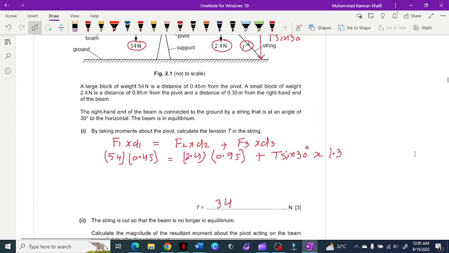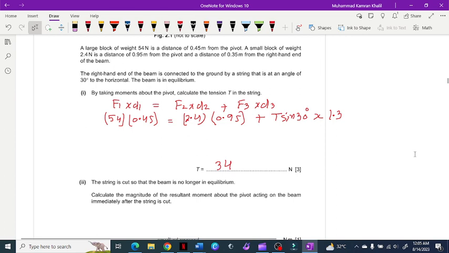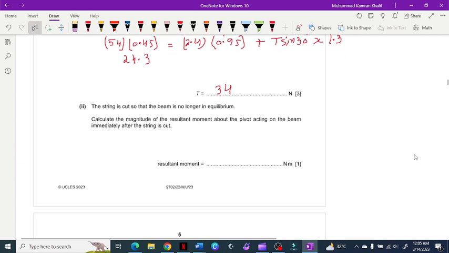We will calculate 54 multiplied by 0.45. So on the left side, the moment is 24.3. So the anti-clockwise moment is 24.3, while for the clockwise moment, only the weight counts, not the string.